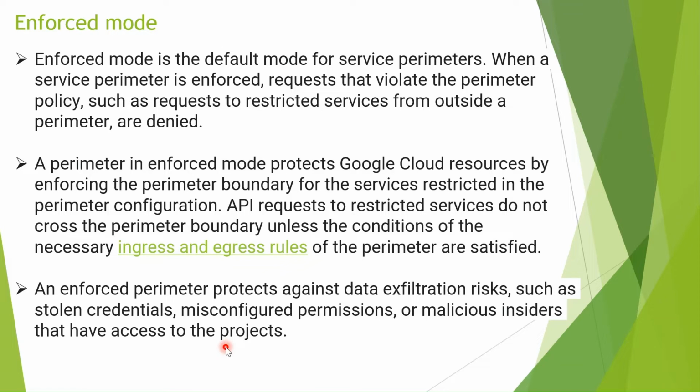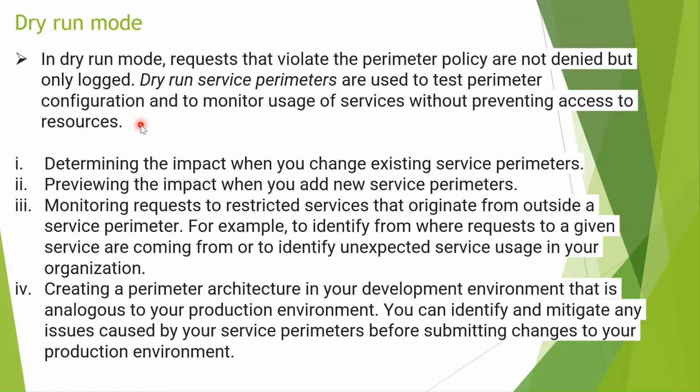So just remember this is the default mode, and whenever you create a policy, it will go in enforce mode. But we have an option to create a dry run mode also. In dry run, the requests that violate the perimeter are not denied, but only logged. So we can check in Cloud Logging and see what the action of that specific request is. And if you are okay with that action, then you can put it in enforce mode.